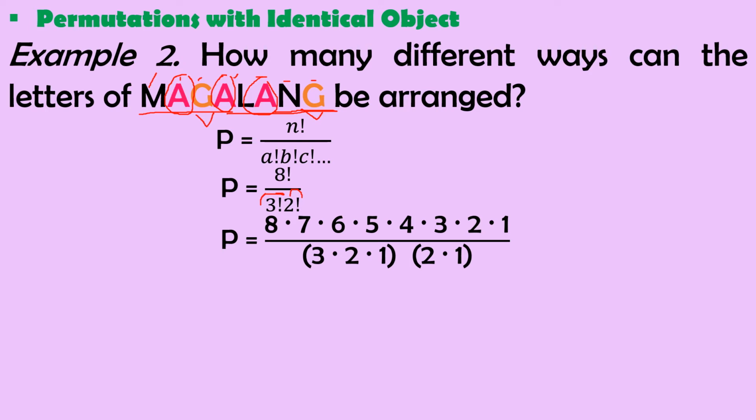It is division, so we can cancel because the numbers 3, 2, 1 are the same as in our denominator. So the only numbers that remain are 8 times 7 times 6 times 5 times 4 over 2 times 1. So I will allow you to compute for our answer.